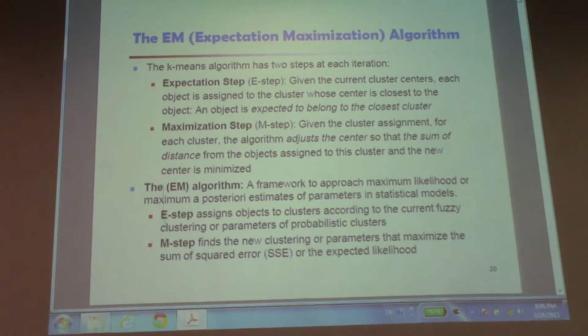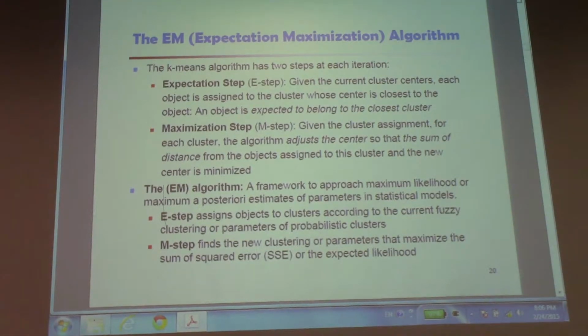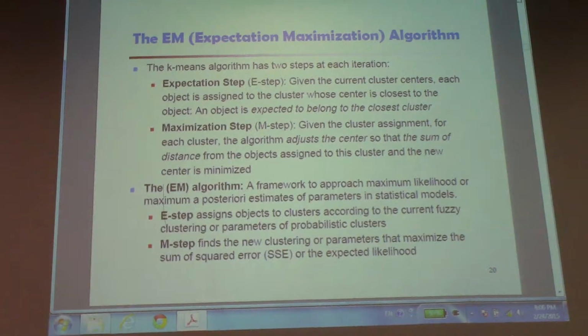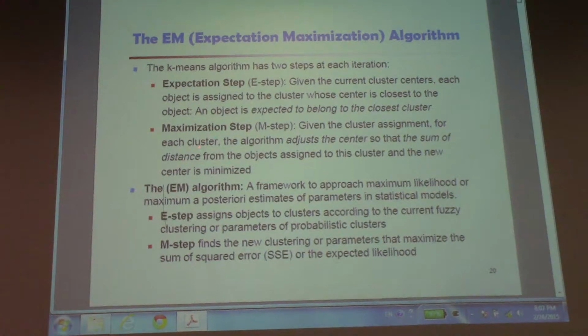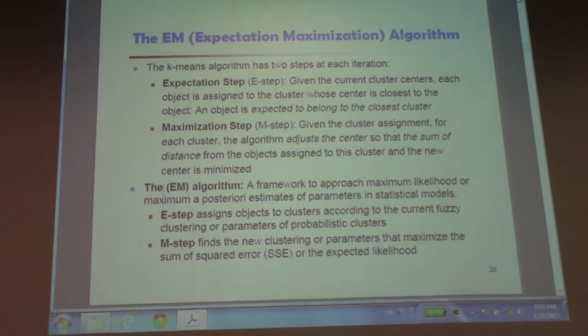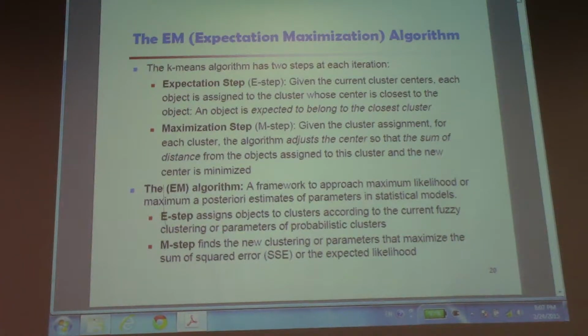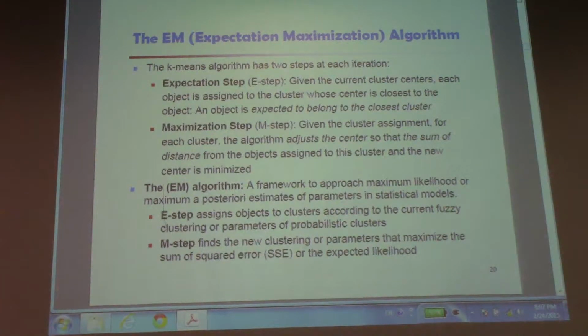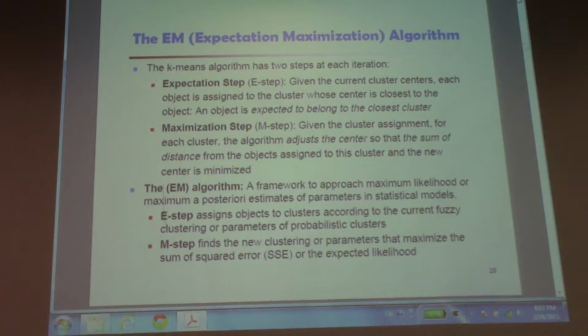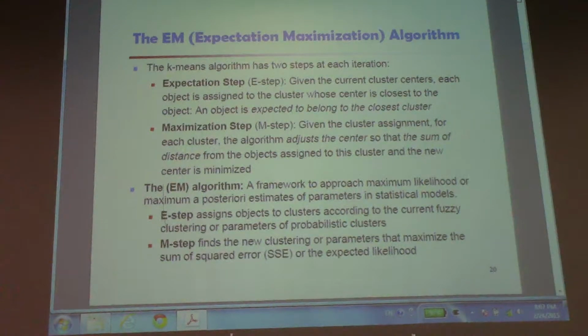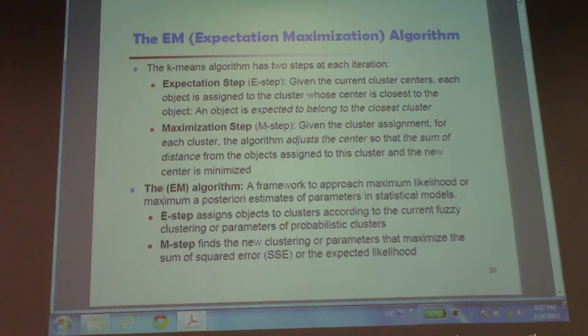Okay. So we can use 2 steps. One is the expectation, called the E step, and the next one is the maximization. In the E step, each object is assigned to a cluster. It's the same as the K-means algorithm.